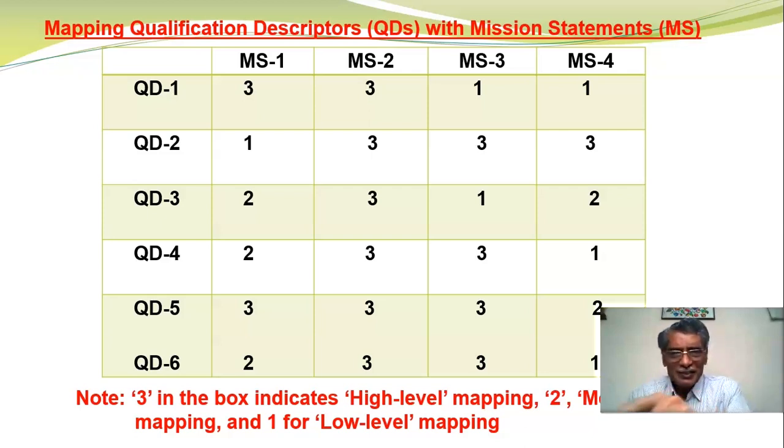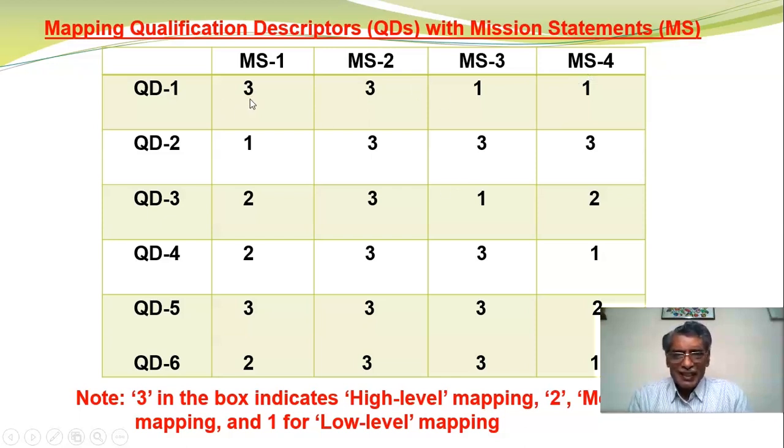So here in this table, I have shown 6 qualification descriptors and 4 mission statements, MS 1, 2, 3, 4. This table also I have taken from the same university chemistry department.